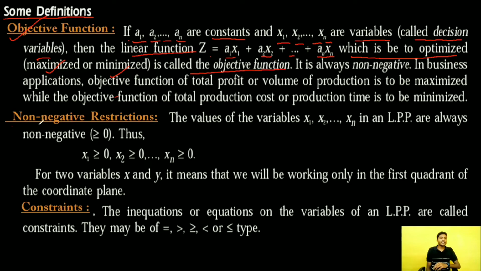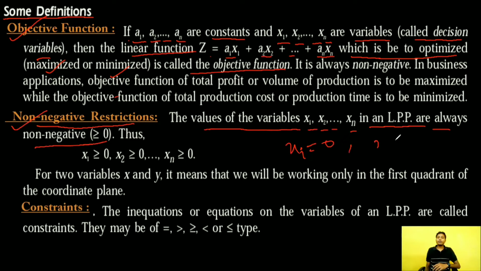Second, non-negative restrictions. Non-negative restriction means the values of variables x1, x2, x3 up to xn in an LPP are always non-negative. That means the values of x_i either will be 0 or greater than 0, for i equal to 1, 2, 3 up to n.